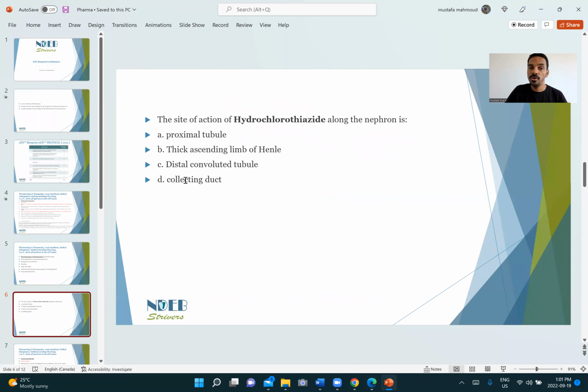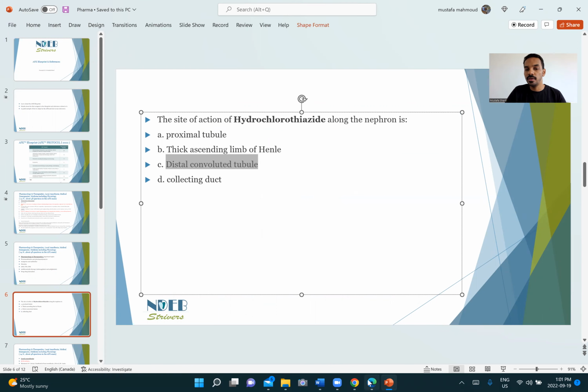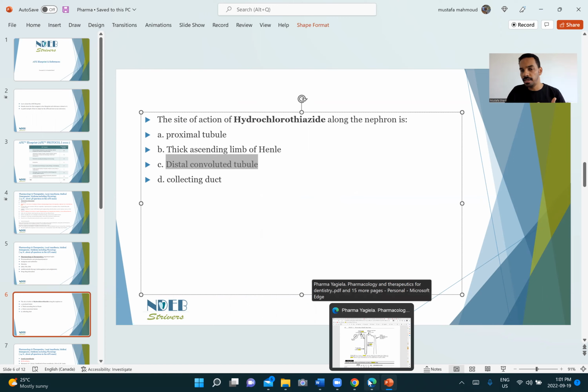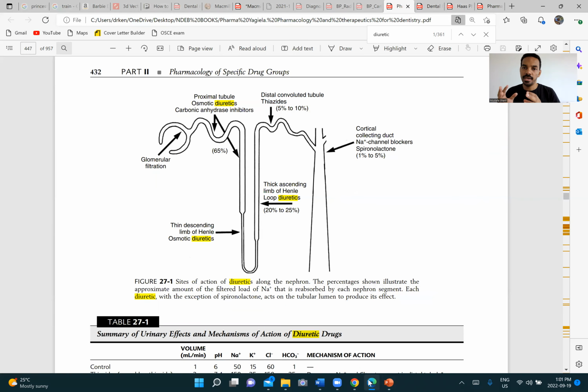So now we know that the answer for this is C, but what should be the trigger is that you have a question now about the diuretics. So what you want to do while you are studying and preparing, and while you still have time, is to make notes.